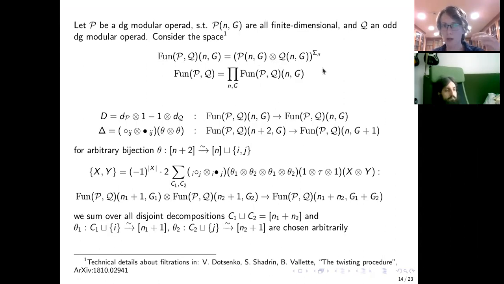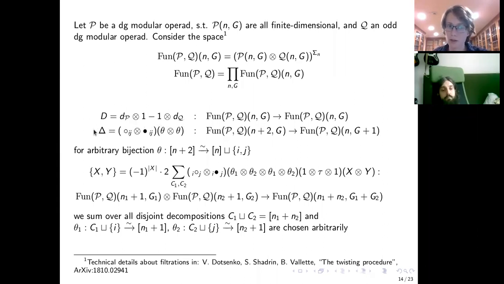And then when I make a collection of all these into the direct product, I get something which I will call Fun(P,Q). You will see later that they will give us the formal functions. And on this space, I have naturally a differential given by the differentials from both operads.